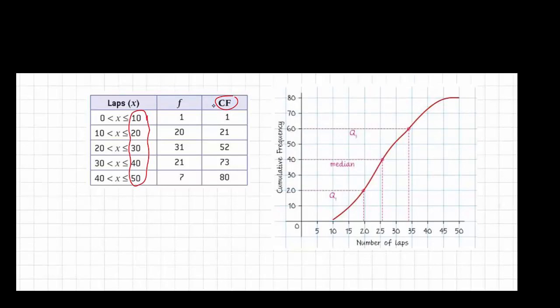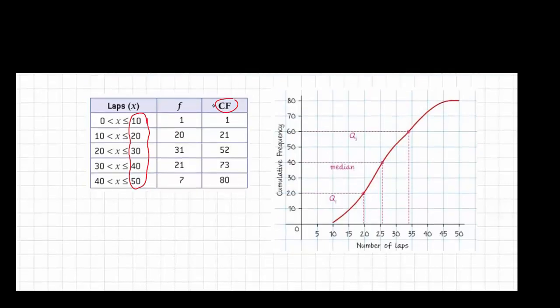Now the question asks us to estimate the median and interquartile range. First let's look at the median. We know there are 80 pieces of data in this data set, and the median is halfway, so we want to find the median at 40.